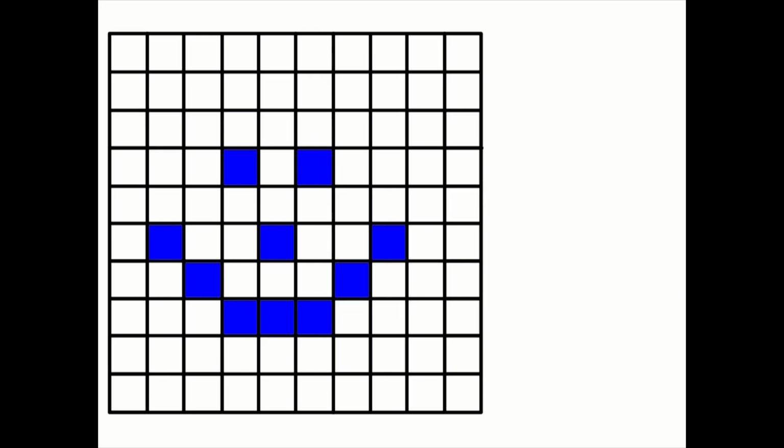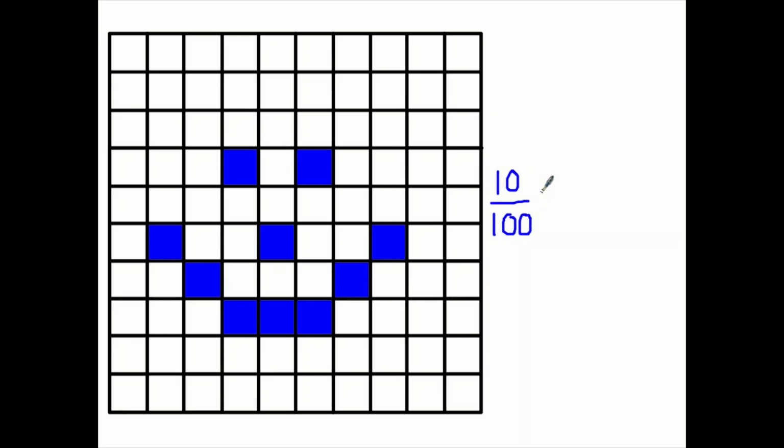At the side of it, I would like you to tell me what fraction you have shaded. So let me count my squares. I've got 1, 2, 3, 4, 5, 6, 7, 8, 9, 10. So I've shaded 10 out of my 100 squares.